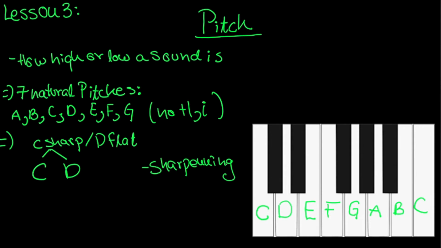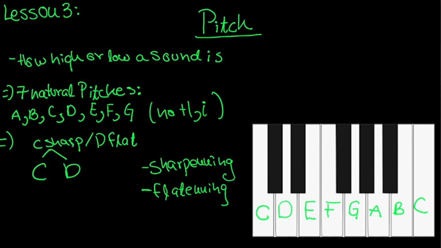So when we're making something slightly higher, we're sharpening it in music. And from the flip side, you could think of this key as not making C slightly higher, but as making D slightly lower. And when we make something slightly lower in music, we call that flattening. So hence the name C sharp and D flat.